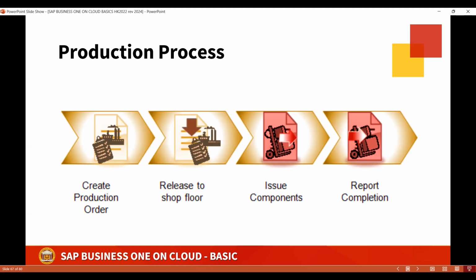After which, we can now issue components that are used to process the product into a finished product. And last is the report completion, meaning that we are able to produce a parent item or a finished product.